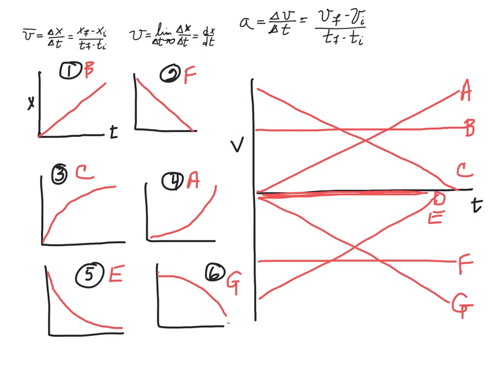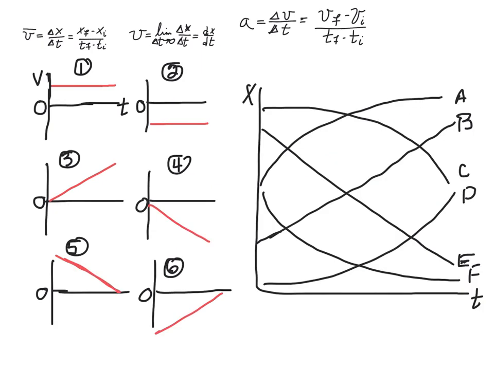And E starts with a big negative velocity and goes to 0. So notice the slope. The velocity is the slope. The slope is a big negative number, and it gets less and less negative, and it goes to 0. And G starts with a slope of 0 and goes to a big negative slope. So that's the matching on that one.